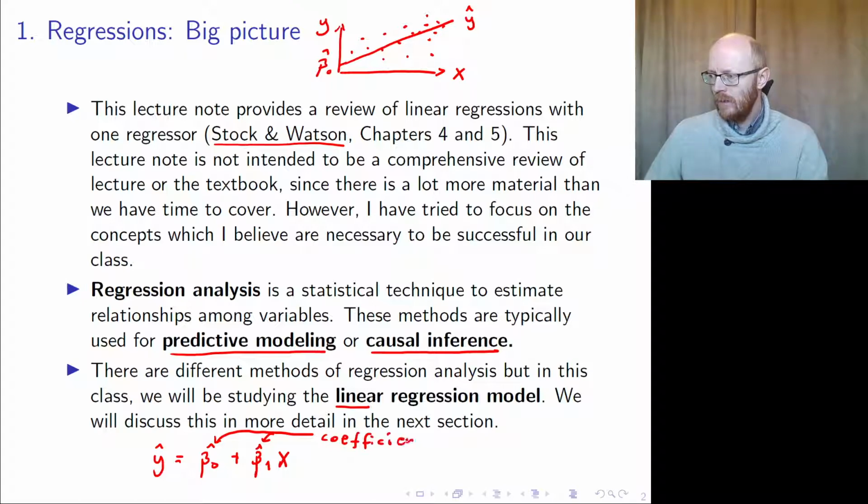So these beta hats are the coefficients, and the x is the variable. And the y is also a variable. Important: the linear regression model is linear in the coefficients because the coefficients are not in anything else than the power of 1.